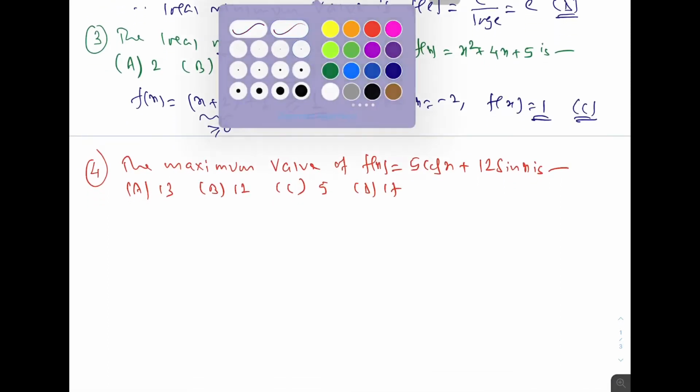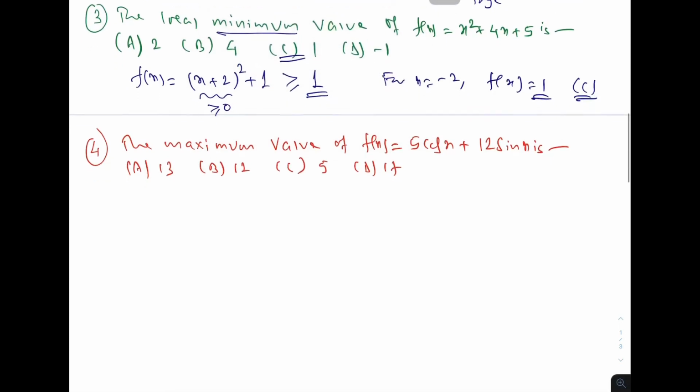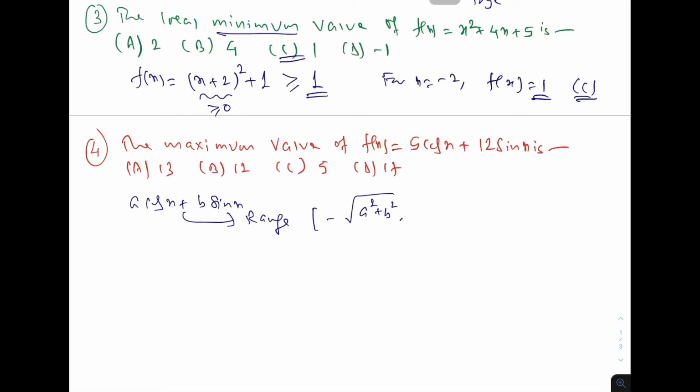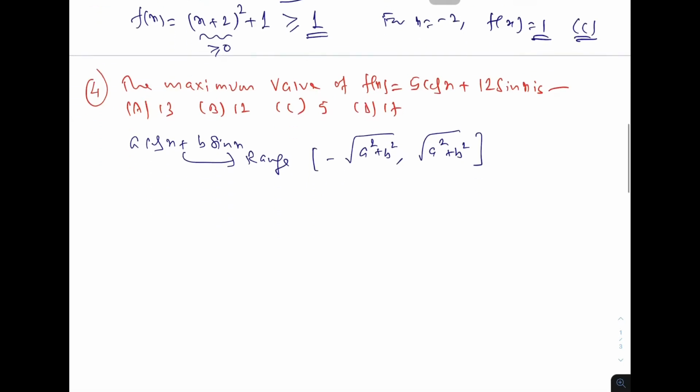Now here also we don't do anything, we are using one simple result that a cosine x plus b sin x has its range from minus root a square plus b square to root a square plus b square.